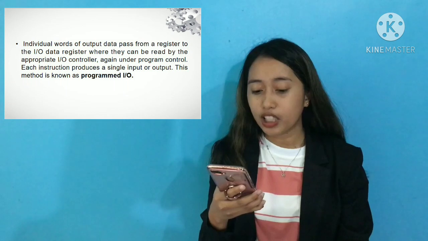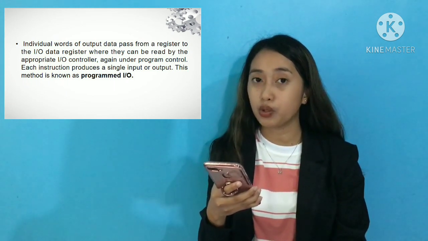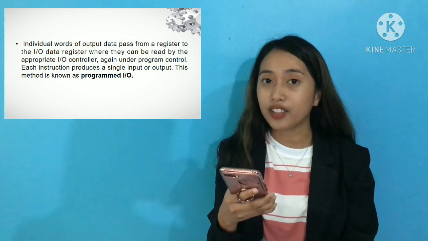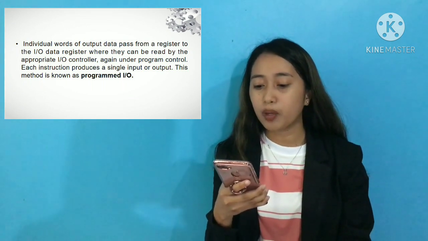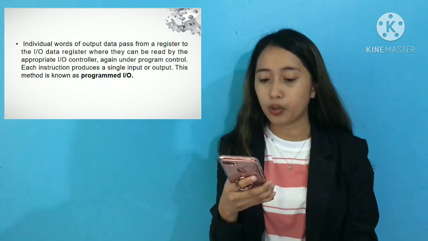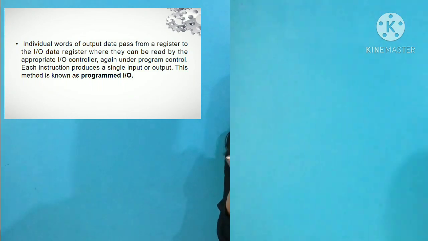An input and output address register in the CPU holds the address for transfer to the bus. Each input and output controller will have an identification address that will allow it to identify input or output instructions addressed to it and to ignore other input and output not intended for it.